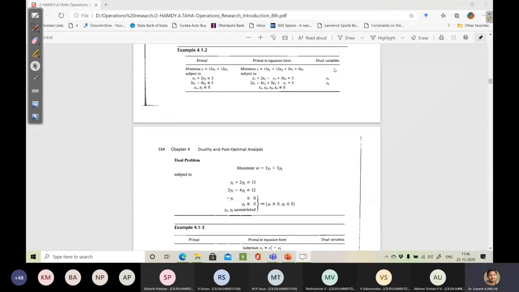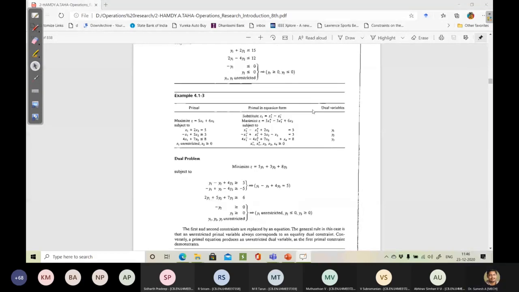I hope you can see these things. In this problem, you can see x1 becomes unrestricted. That's the way the equation will change. And mixed results are also possible.